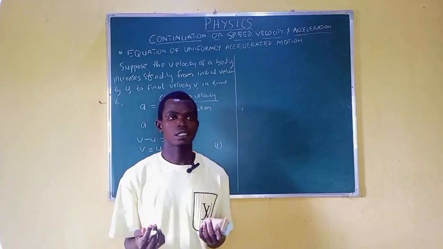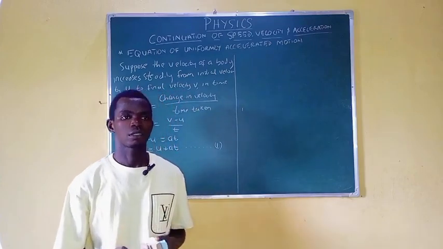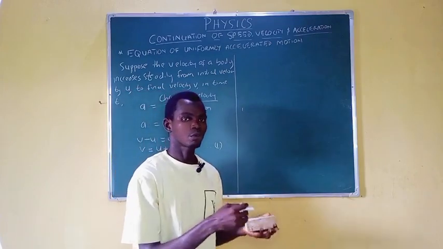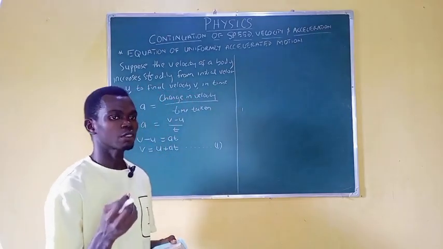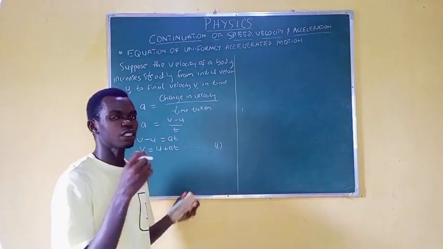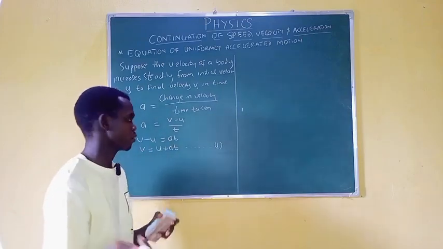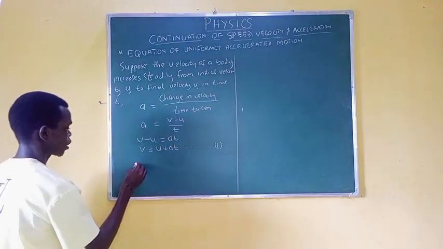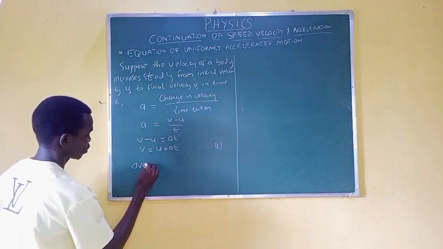And since the velocity increased steadily from u to v, the average velocity is the mean of the initial and final velocity.